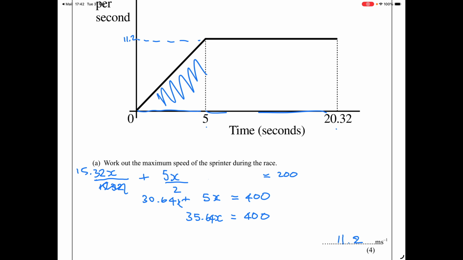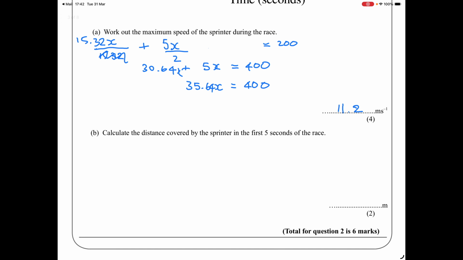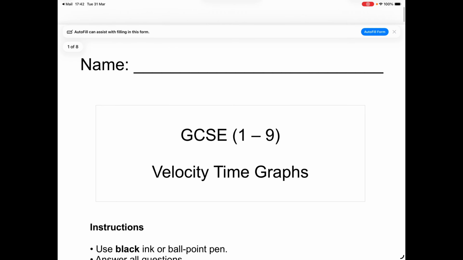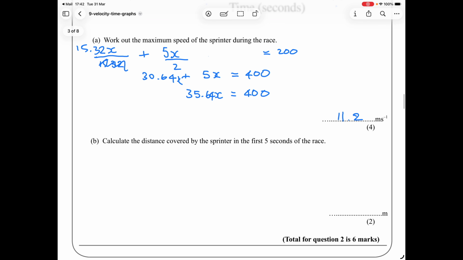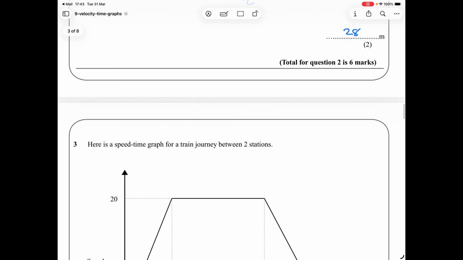So it would be 5 times 11.2 divided by 2, which would give us the answer. 5 times 11.2 divided by 2 equals 28. That's only using a certain amount of figures.